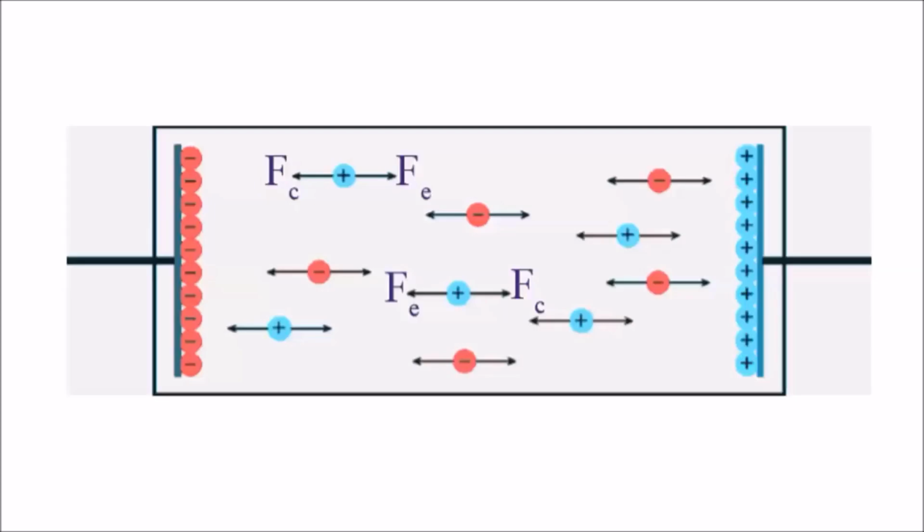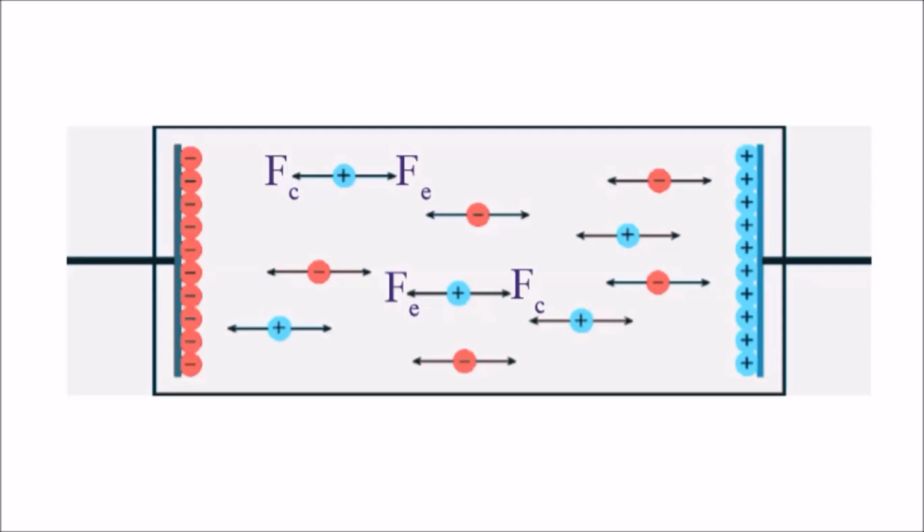Now after total accumulation of positive and negative charges, you can observe the right hand side terminal is entirely filled with positive charges and the left hand side terminal filled with negative charges. Now we need to consider the positive charge accumulated side as the positive terminal and the left hand side as the negative terminal. Now you can observe the arrow marks. Fc and Fe arrow marks are of equal length.